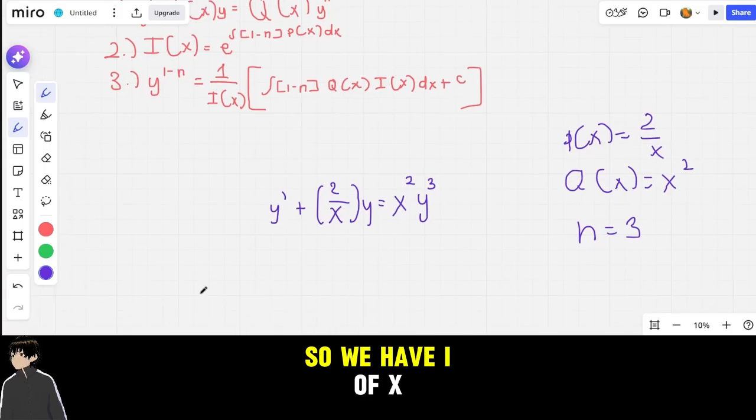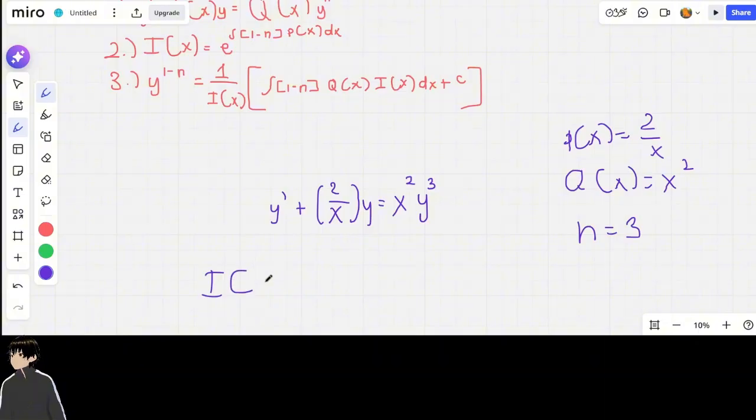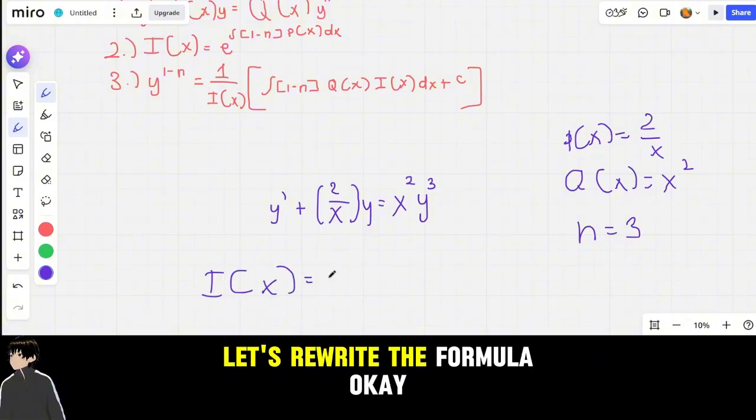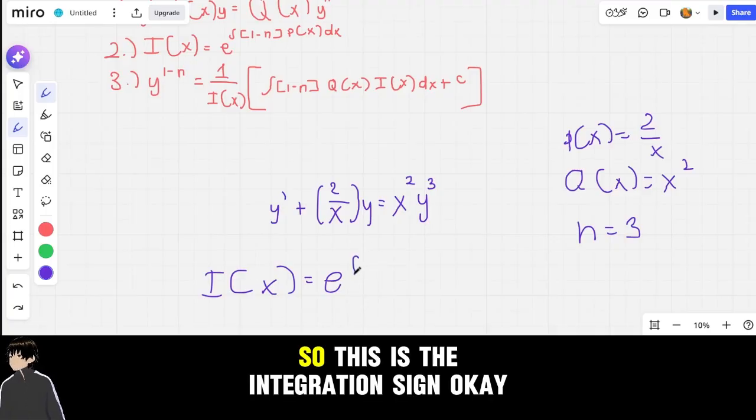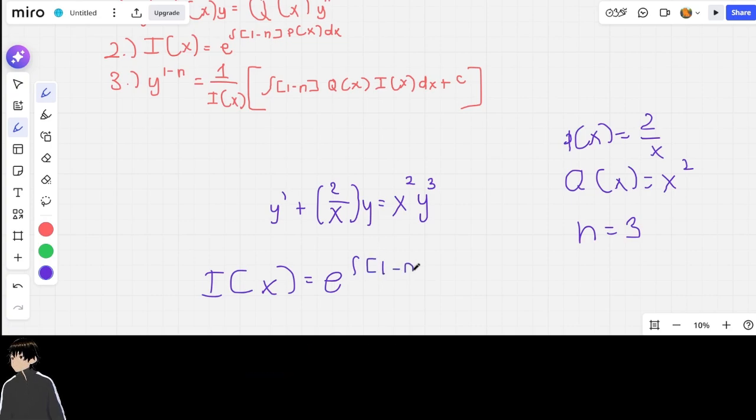So we have I of x. Let's rewrite the formula. This is the integration sign. So we have p of x dx.